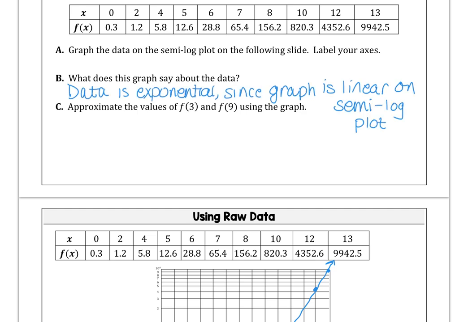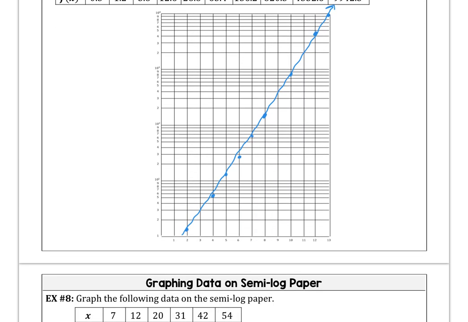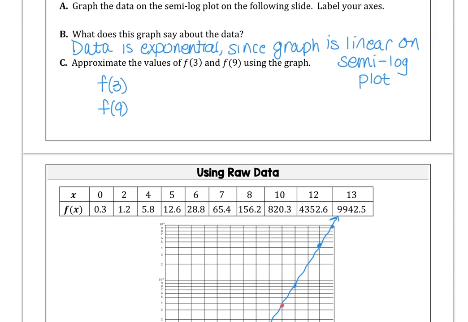And if we want to evaluate or estimate f of 3 and f of 9, looking back at our picture here, I'm going to change colors. The f of 3 looks really close to maybe 2.8 or 2.9, and the f of 9 looks like it's about 350, I guess.